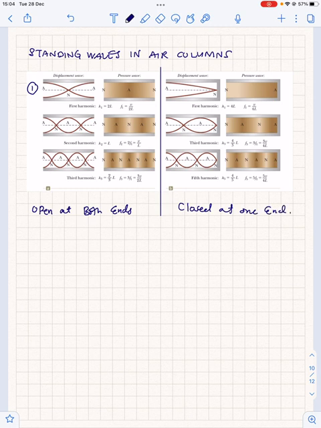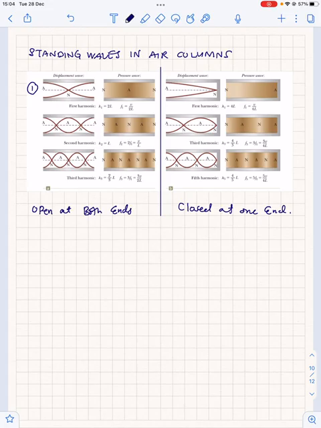As we can see, the shape of the standing wave is different if we compare open at both ends and closed at one end. Let us focus on the first one, open at both ends.